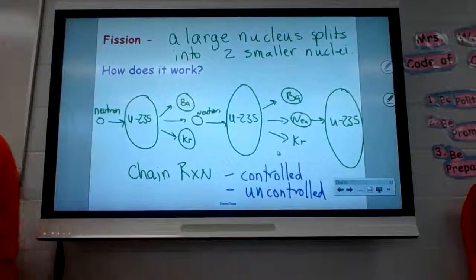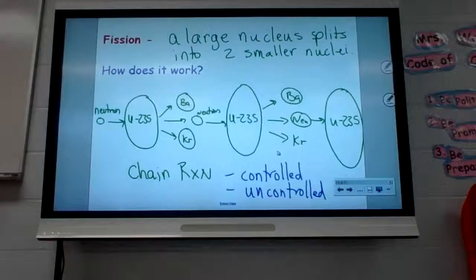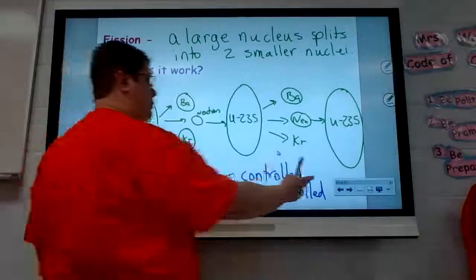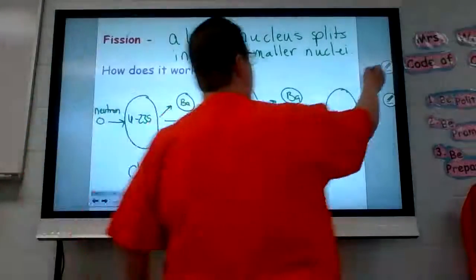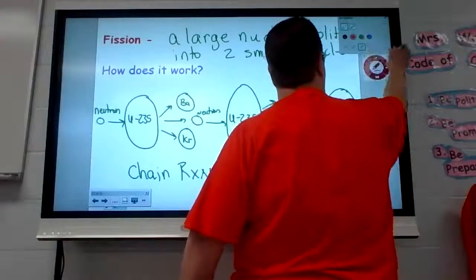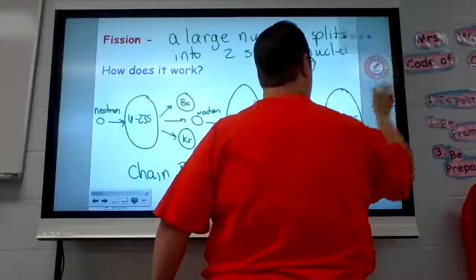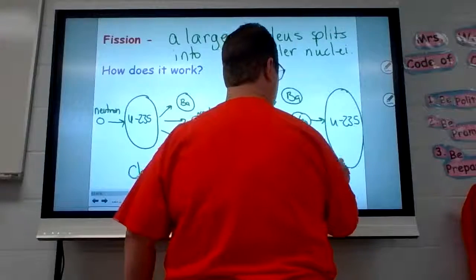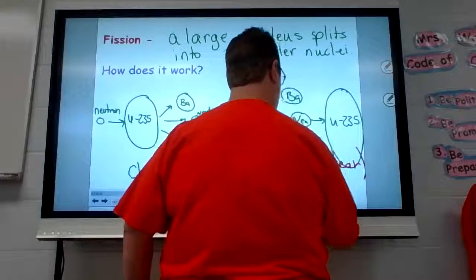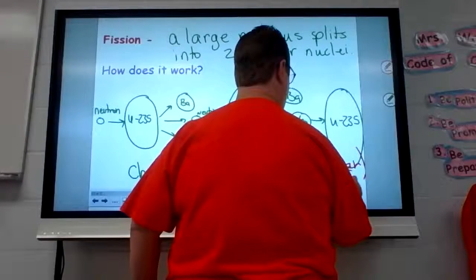Now, if we have a controlled chain reaction, where would we want to use it? Where do we use fission reactions a lot? Power plant. Yes. We use these in nuclear power plants.